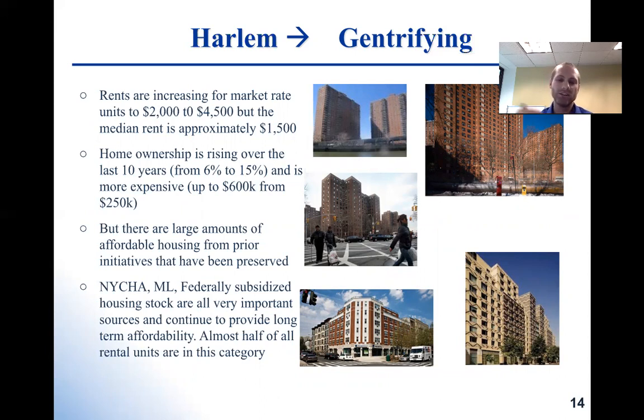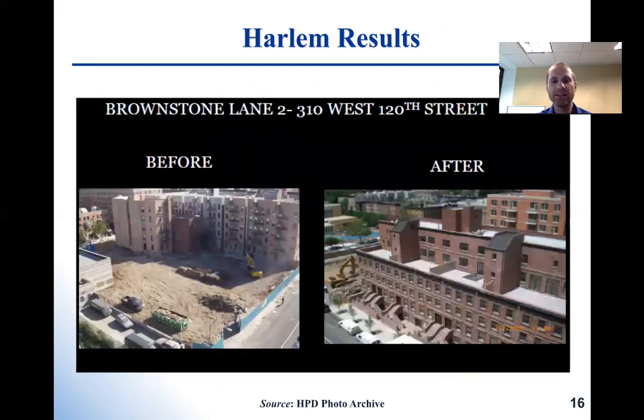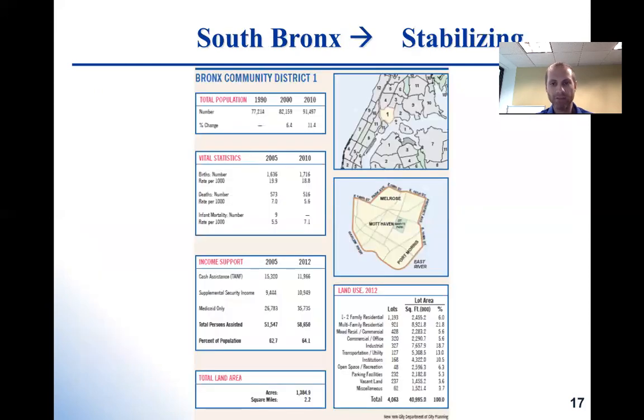And as the prices continue to escalate, there are serious concerns that poor, vulnerable groups will be pushed out. And so some of the examples of gentrification, a lot of it is aesthetic improvements to the physical infrastructure. So the before and after, you can see the improvement of buildings being torn down and rebuilt or modified.